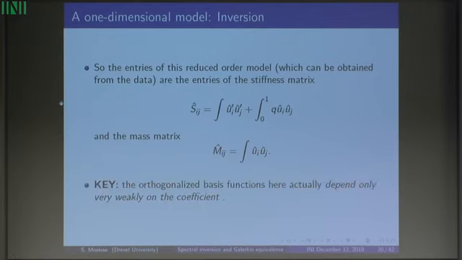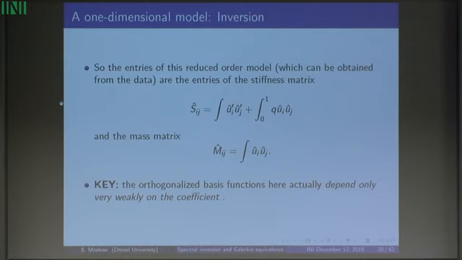And the key, and this is something I think is really important to understand that we don't completely understand yet, is that the orthogonalized basis functions seem to depend extremely weakly on the coefficient Q. Remember, you don't know Q, and that's what you're trying to determine.